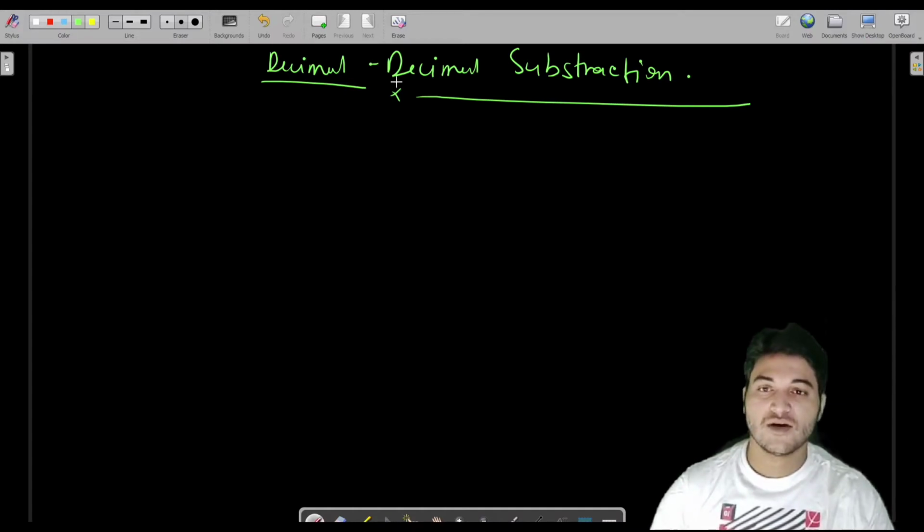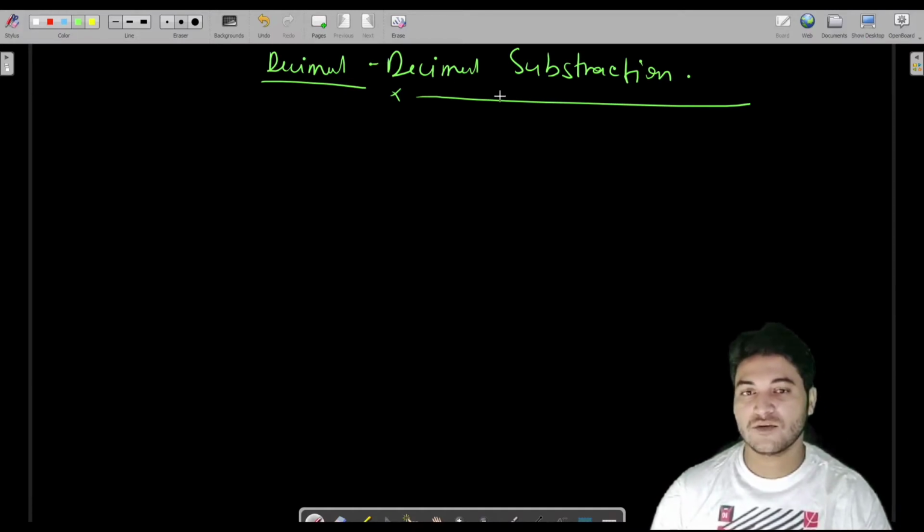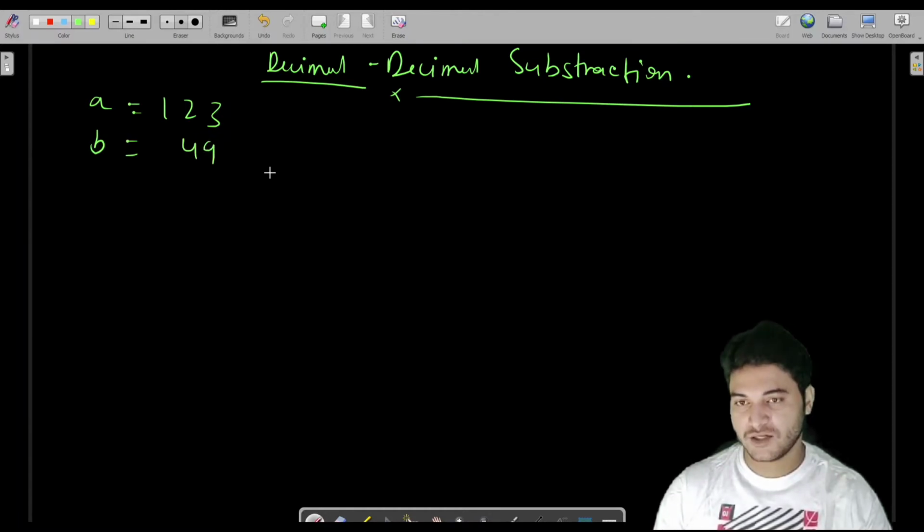Now we are going to solve this problem, decimal to decimal subtraction. First of all, we have to take two decimal numbers. Let's say a is equal to 123, and b, the second number to subtract, is 49. So I have to subtract this number from this.